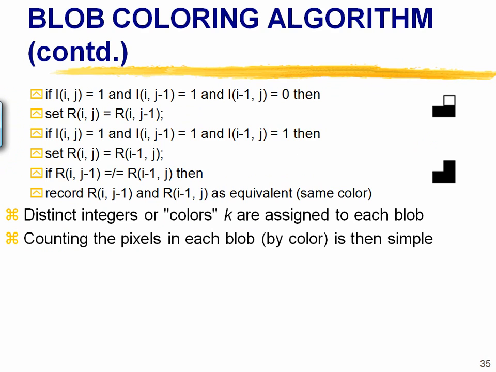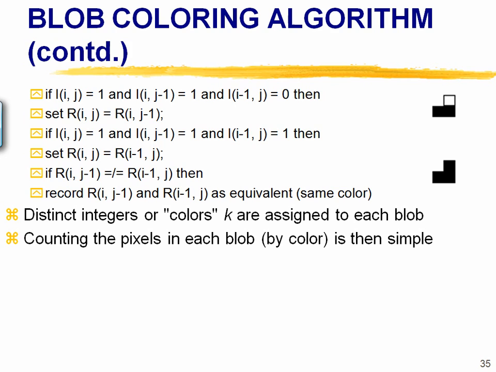In that case, we know that the corresponding pixel here is a connected pixel, and the final condition is when this pixel is connected to both of these. In the simple condition, you set the color of the pixel to that of its previous neighbor, but this is a special case.